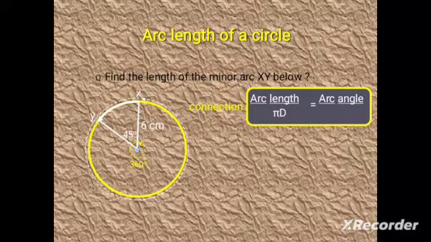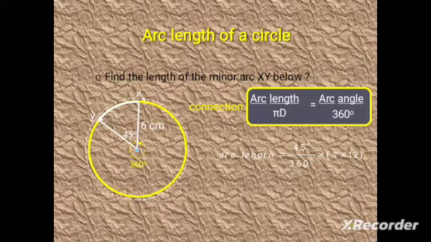So with that, we have the formula for finding the length of an arc of a circle to be, in simple terms, theta over 360 degrees times pi d, or 2 pi r, because that is the circumference.